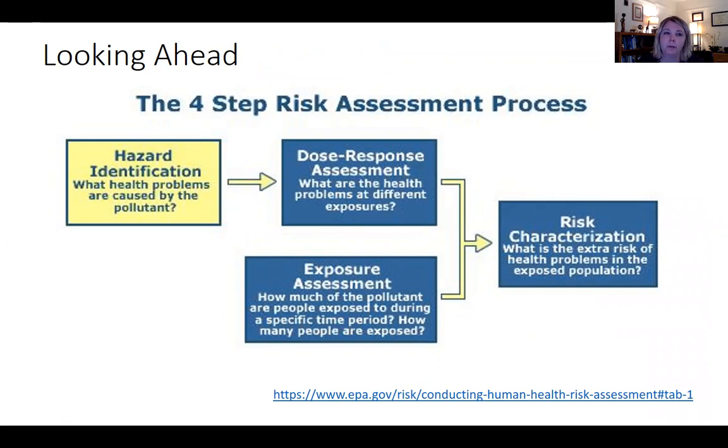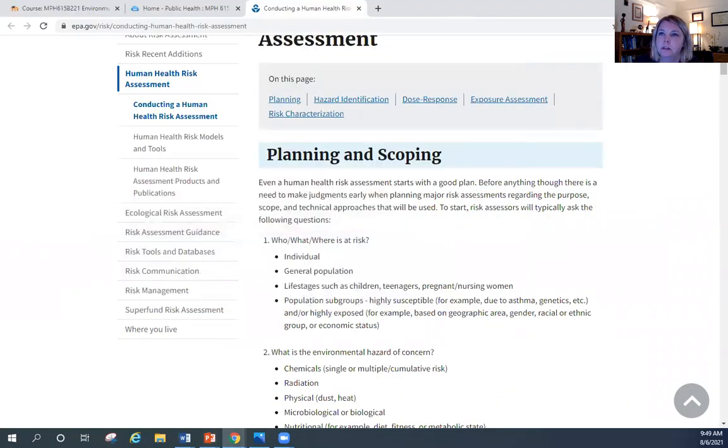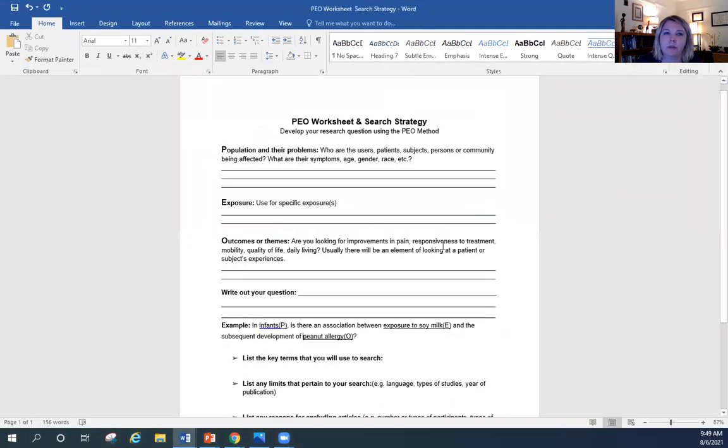So what you're going to do for your first step in this is, let's get over here, you're going to have what's called a PEO worksheet: the population, exposure, and outcomes. So this is going to help you get your topic and write out a research question to get you going. So this is what you'll use to get approval for your topic.